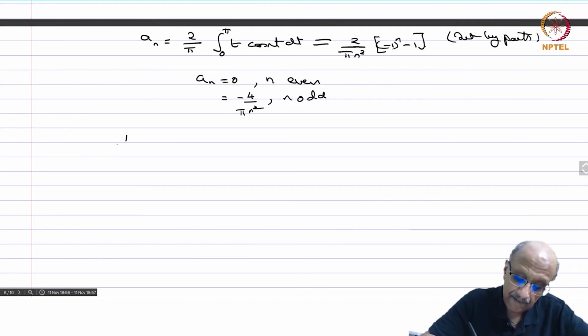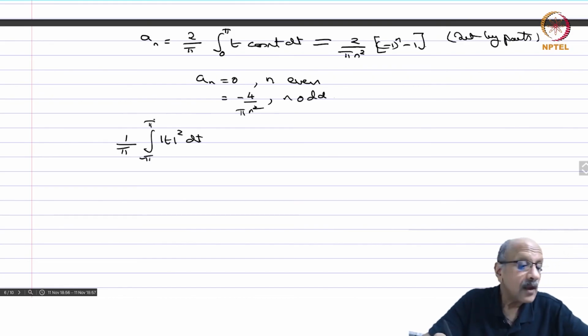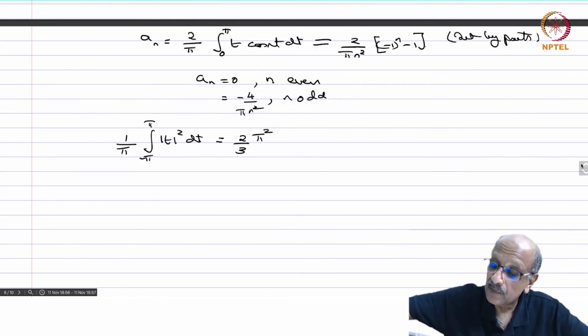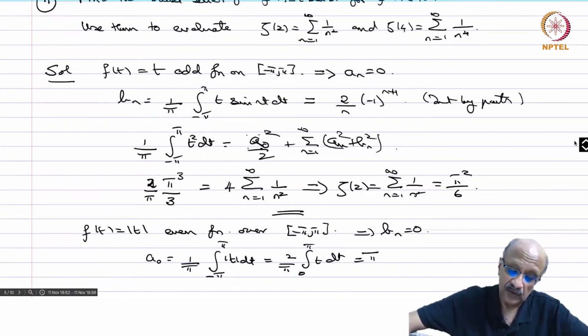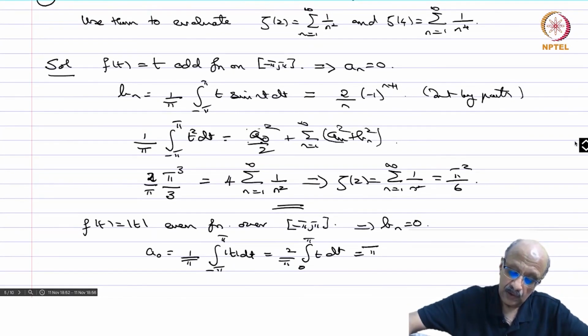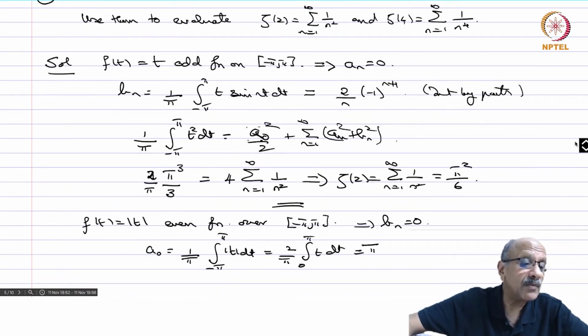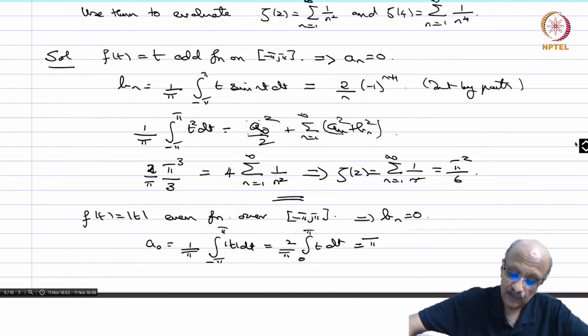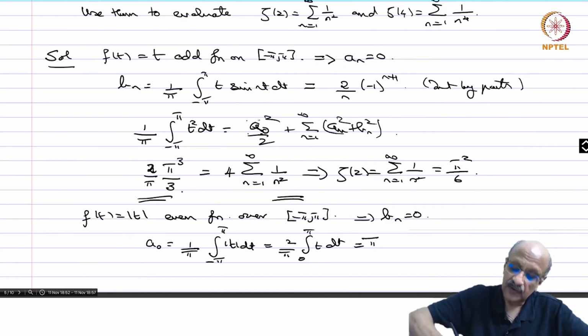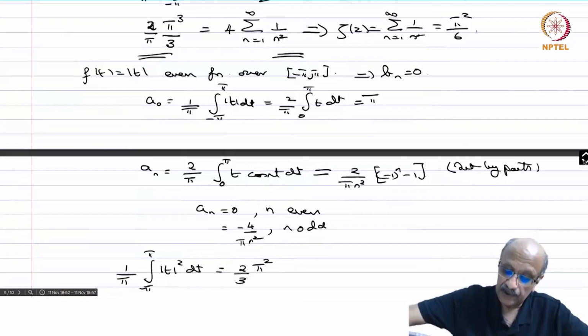So 1 by pi integral minus pi to pi mod t squared dt is equal to 2 by 3 pi squared again. Same as before, because mod t squared or t squared is nothing. We have already done this calculation, no point doing it again.